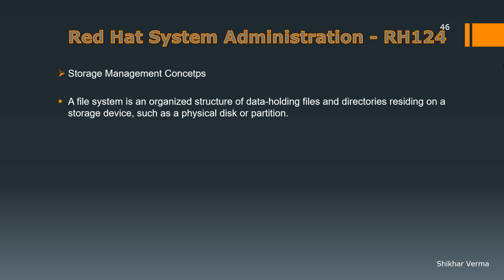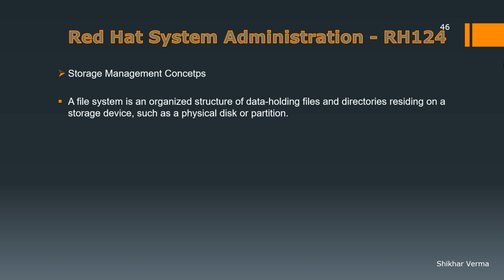Suppose on my Linux box on which I have installed the operating system, the application team or database team has to install an application. In that case they need their own file systems created on the Linux box. So as a Linux admin, it's our responsibility to create the file systems for them.